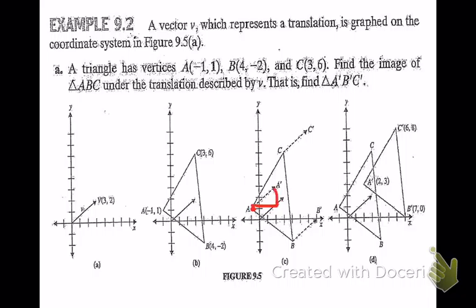You don't have to mark that when you do it, but that's how we get from A to A prime. Over 3, up 2. And then we have our new point, 2, 3. You do that to each point, over 3, up 2.